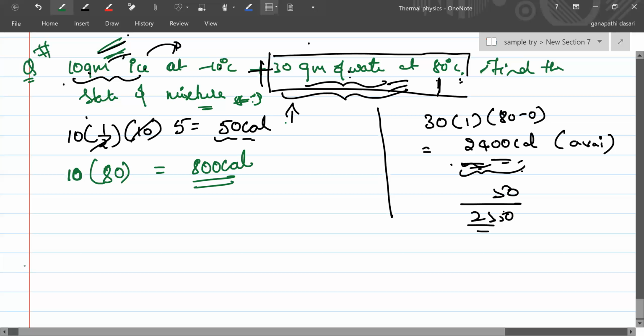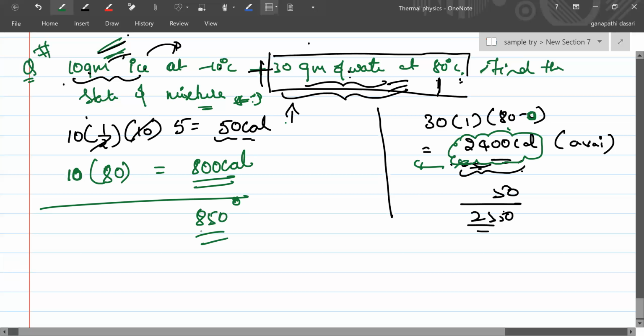Awesome. Why? Because now the entire combined is how much? 850. If it has to come to the same 0 degrees, I'm not saying it did come to 0, but if it is coming to 0 degrees Celsius, how much energy will it lose here? 2400 calories.